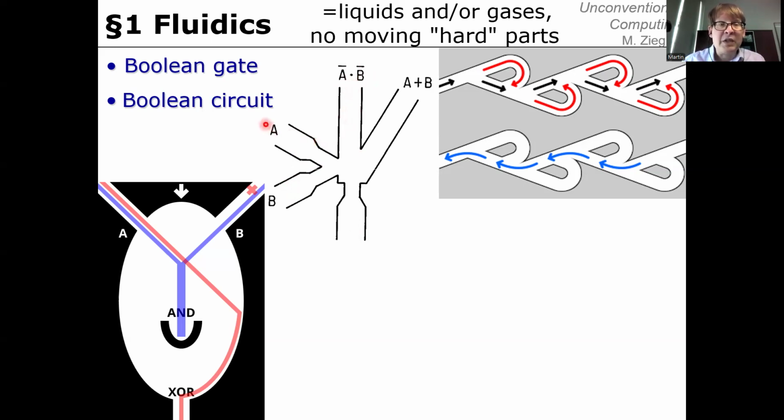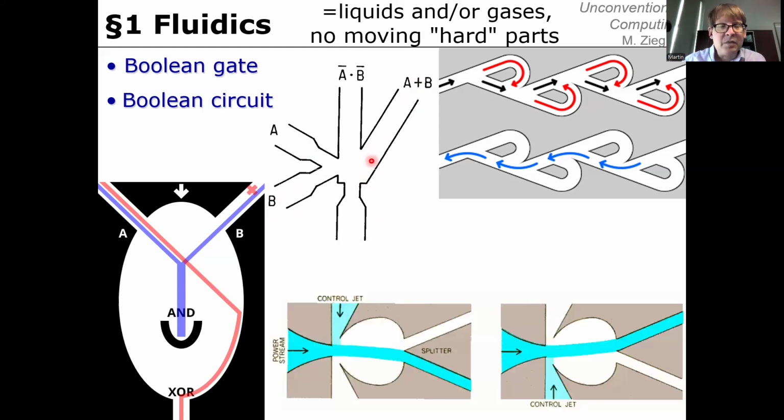Whereas if there's an input signal from A, then this diverts the powerful input stream to leave here. Same if there's an input signal B here. And if they're both input signals, then even more so, the input stream gets deflected. The powerful input stream gets deflected by non-powerful control streams A and B.